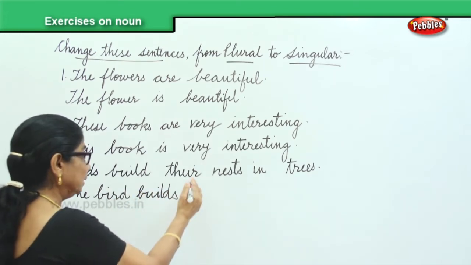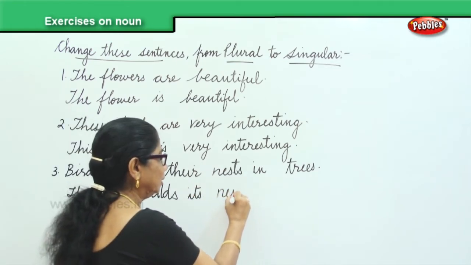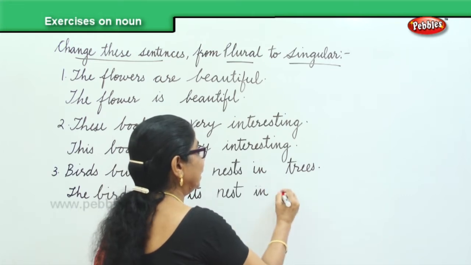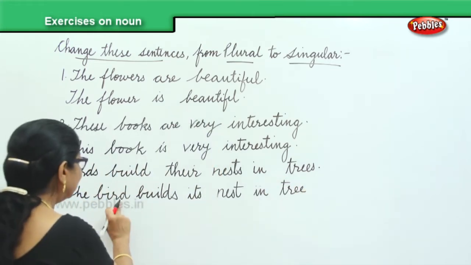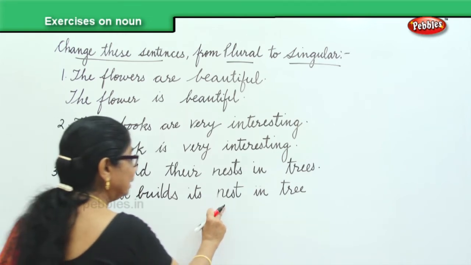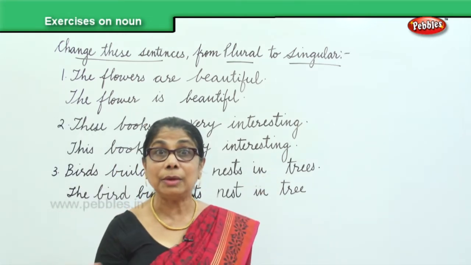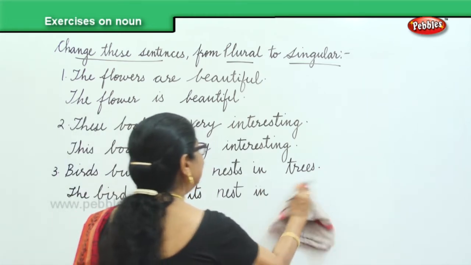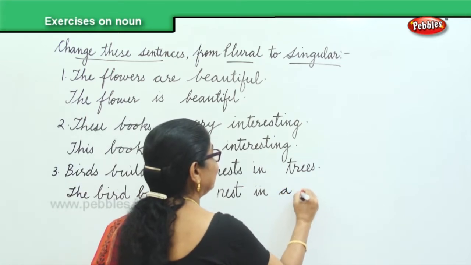The bird builds its nest, singular, in, again one tree, one bird, so one tree. So you will say the bird builds its nest in a tree.